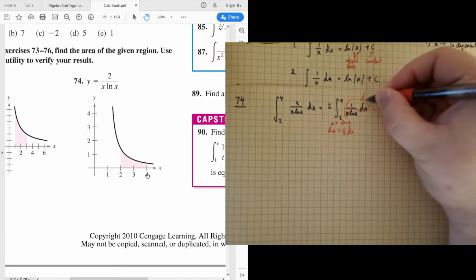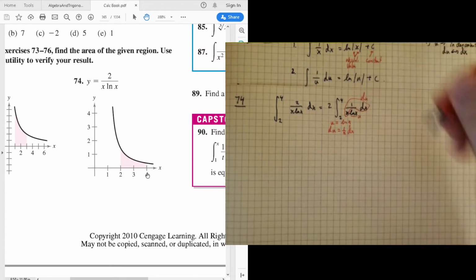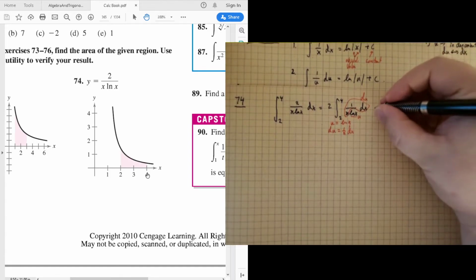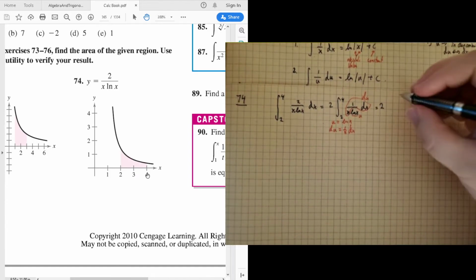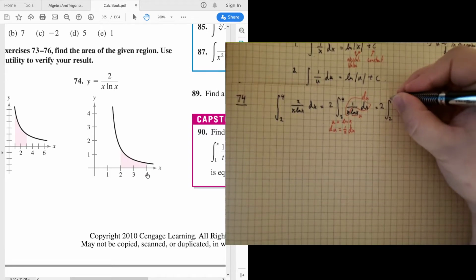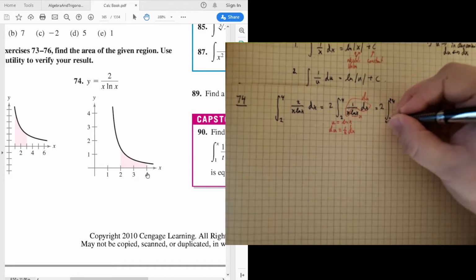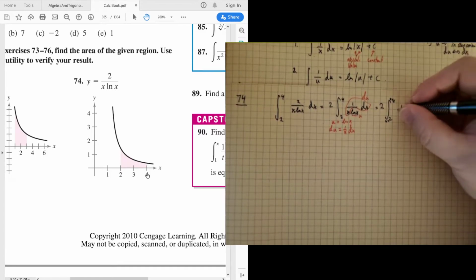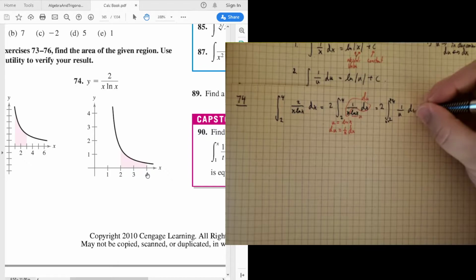There's my du, and there's my u. Okay, let's rewrite. So the 2 is still up front. Integral from 2 to 4. Now remember, these are x equals 2 and x equals 4. 1 over u du.